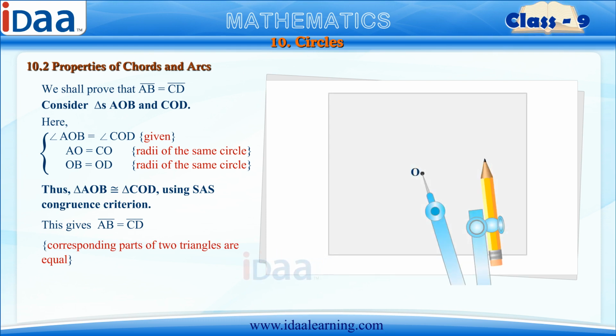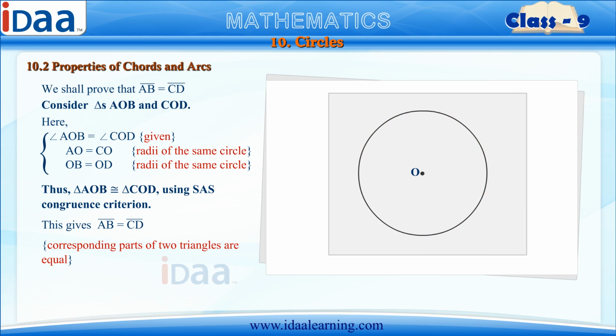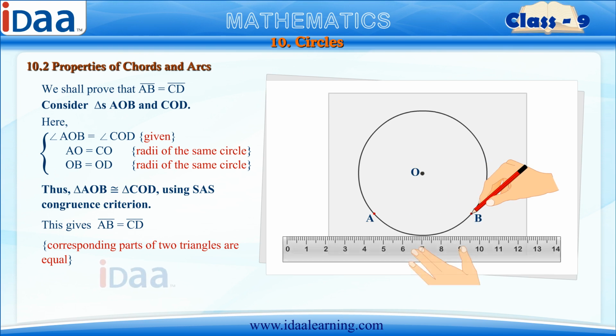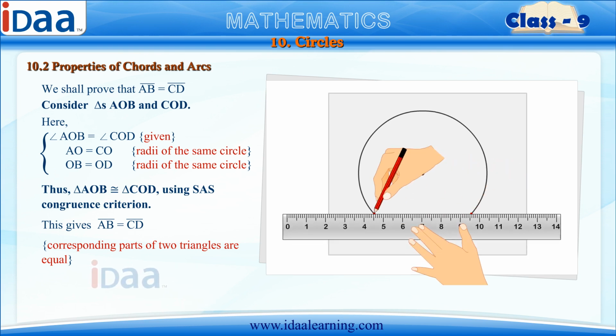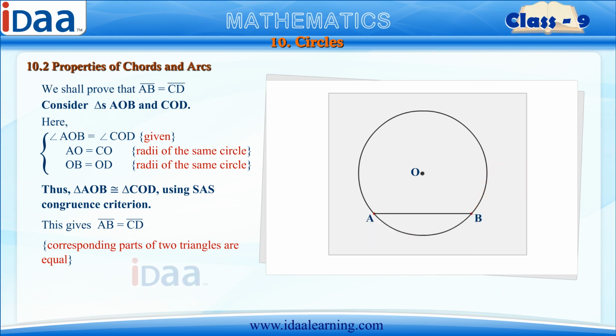Activity 2. Draw a circle on a tracing paper. Let O be its center. Draw a chord AB. Fold the paper along a line through O so that a portion of the chord falls on the other.